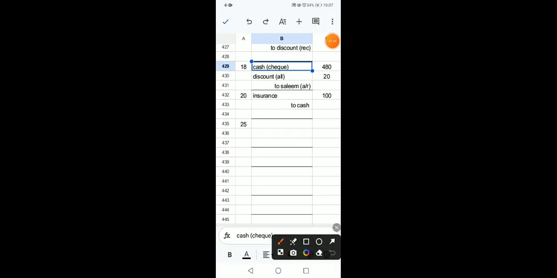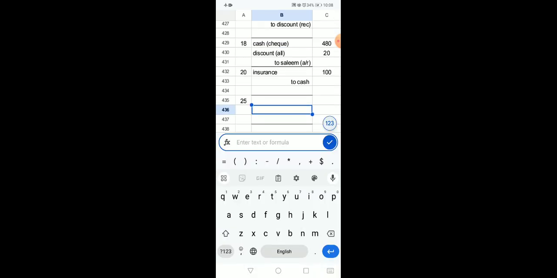Please try to understand, when you received this check, you debited cash temporarily. Now the same check is going out, not to the bank, but you are endorsing this check to someone else. Check is your near asset. Asset is going out, meaning asset is decreasing. Decrease in asset should be mentioned on credit side.